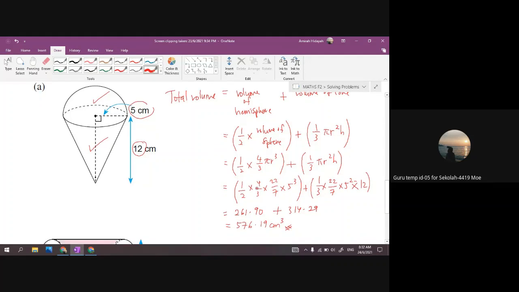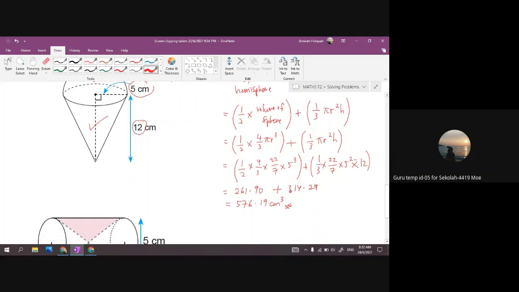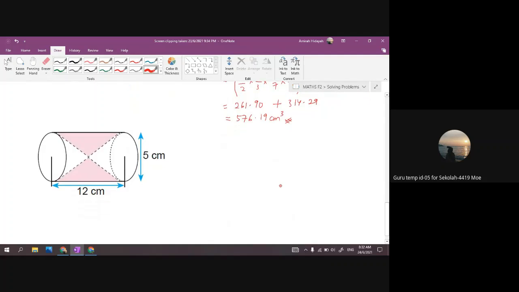So this is the answer. So it's easy, right? Because you just can terus guna formula untuk volume tu. Tak perlu modify macam surface area. Okay. So very easy. This is actually the basic one. Okay. Satu dia senang. Okay.